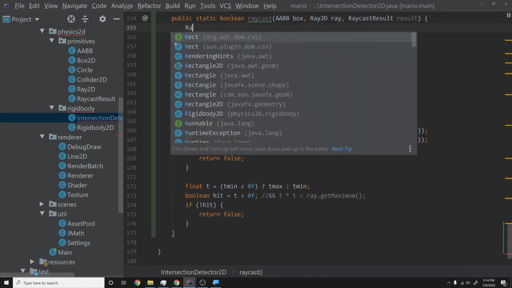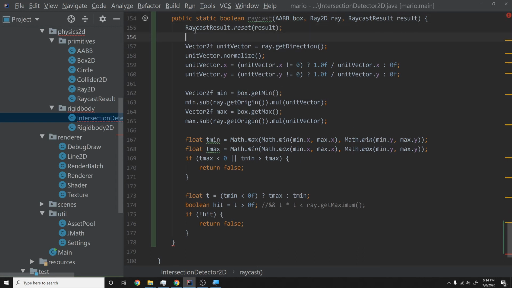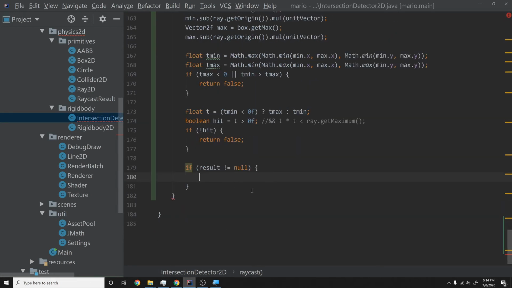And we also do want to call raycastResult up here, dot reset result, so that we reset the result just in case they were looking for a result as well. And that will make sure it's a false value. Then we'll say if result does not equal null, we have our t value. This is how far along the ray we have to go.